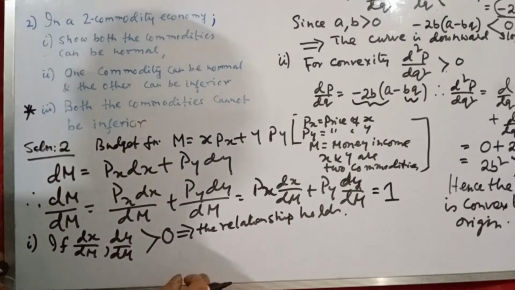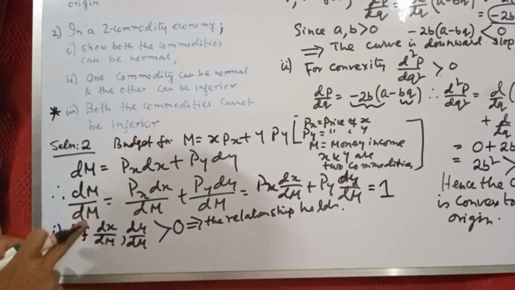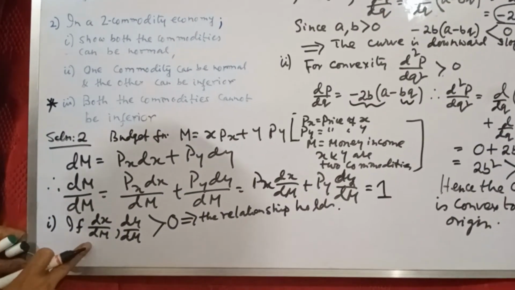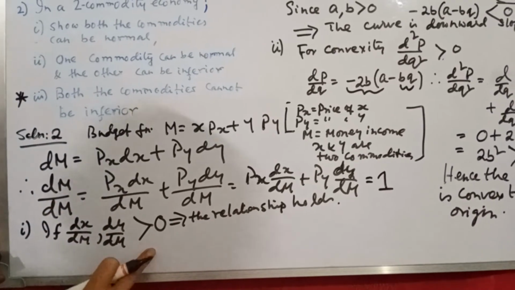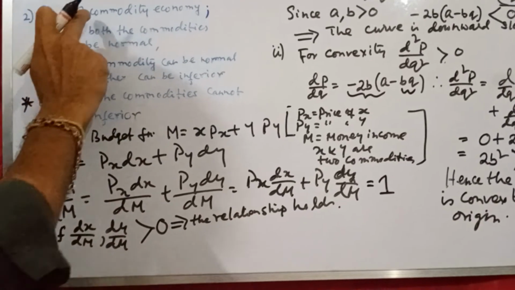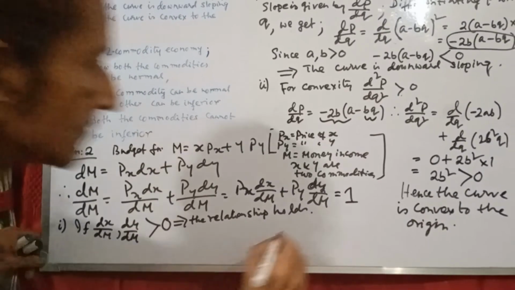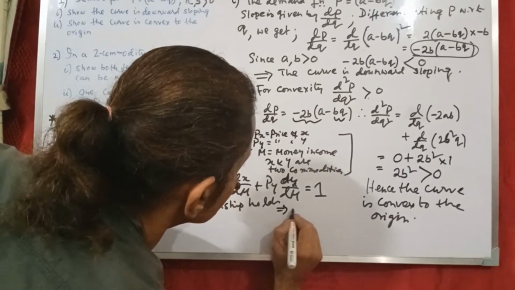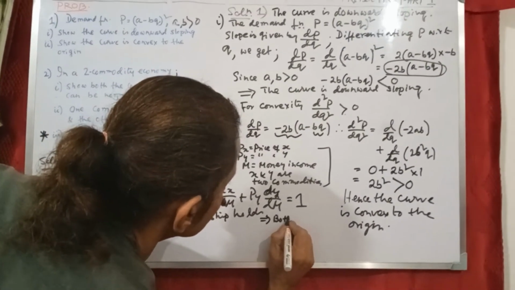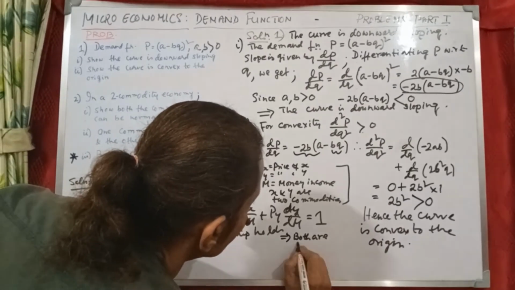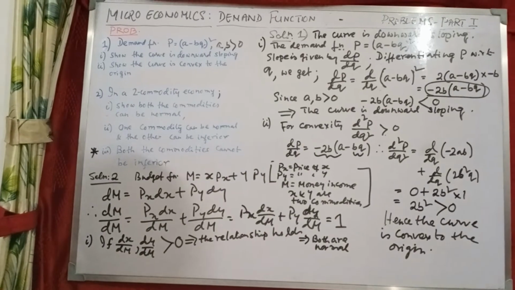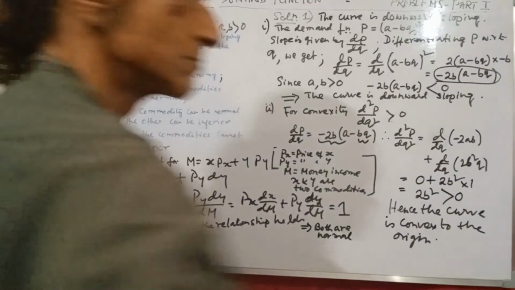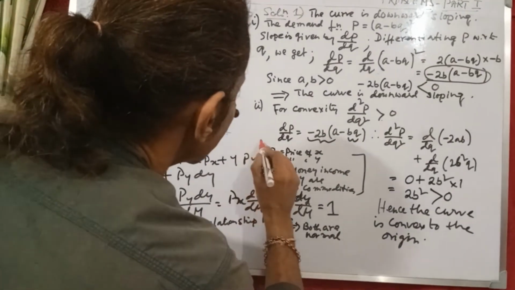That means if dx/dm and dy/dm both are greater than 0, this means both the goods are normal. Let me draw a demarcating line.